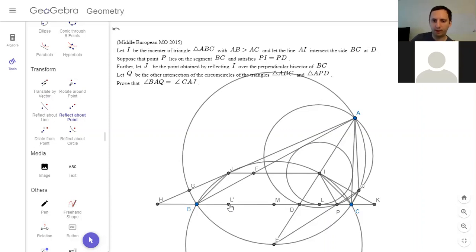So IJ over HD is LL prime over HD. So let me write this out. LL prime over HD, and that is equal to AI over AE.